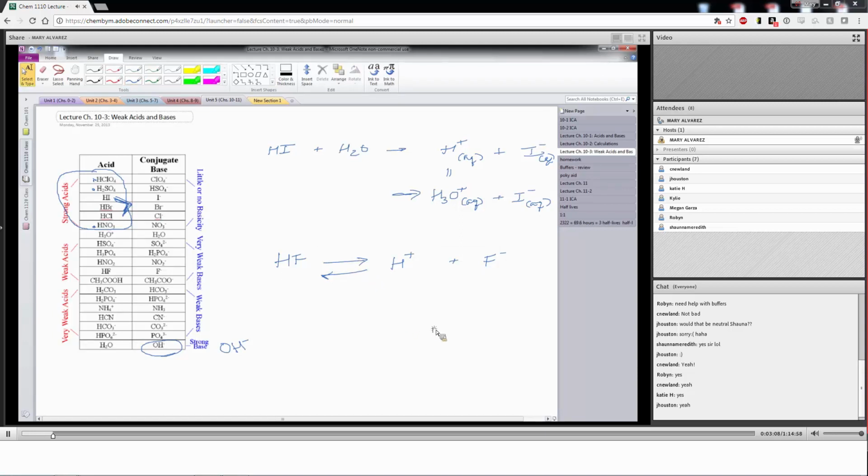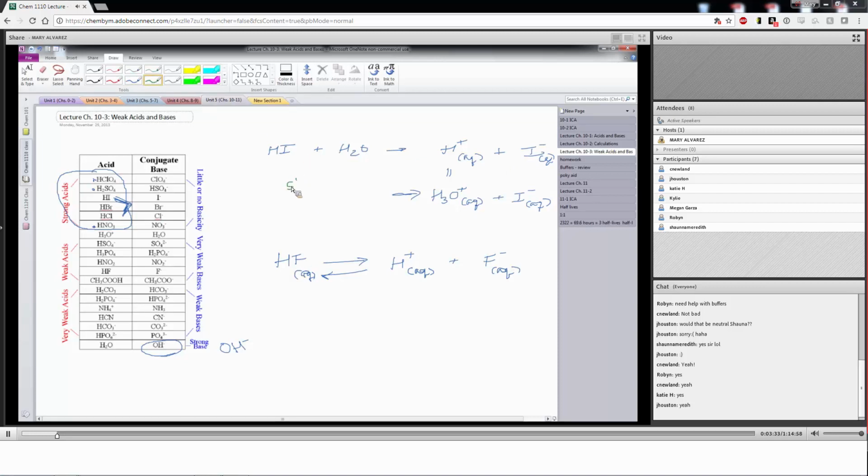You guys remember equilibrium back from chapter 7? This is hydrogen fluoride. It's already dissolved in water, so we could have this dissolved in water. Some of it will dissociate. Now, because you have ions dissociated, both of these are electrolytes.